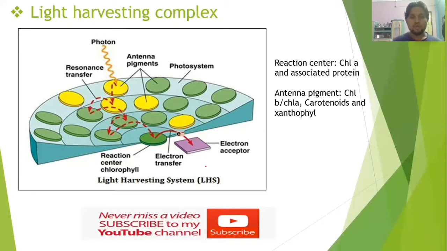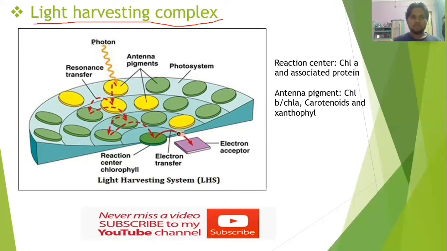The light harvesting complex explains how they are absorbing the light and how they are passing the energy from one group to another, or one molecule to another molecule. How the light is actually transferred and how it helps to do photosynthesis, we will see in the light harvesting complex.